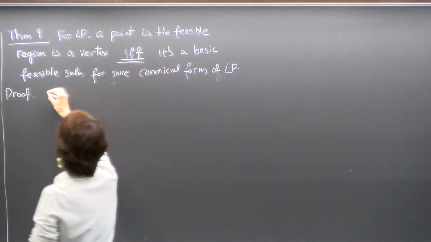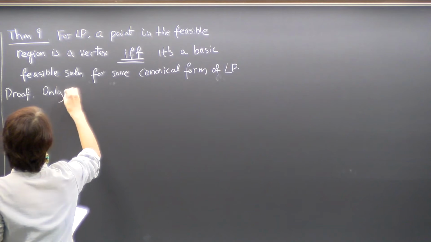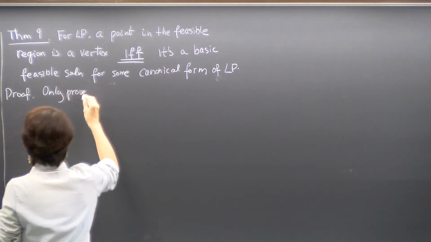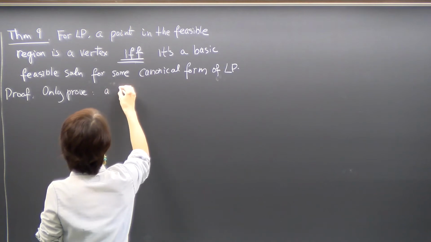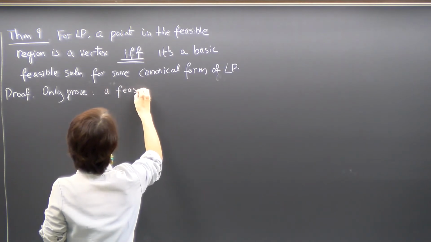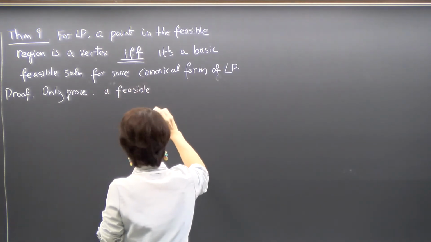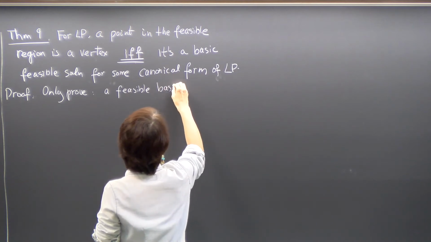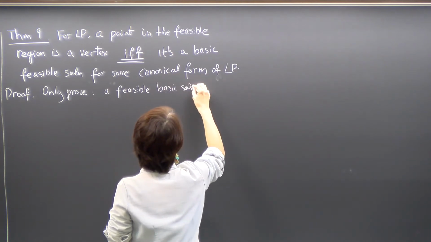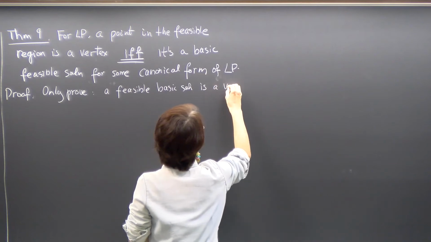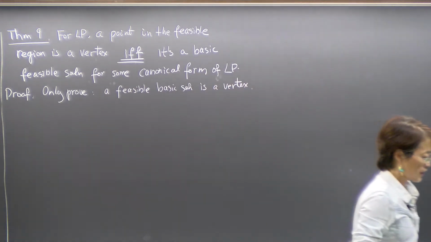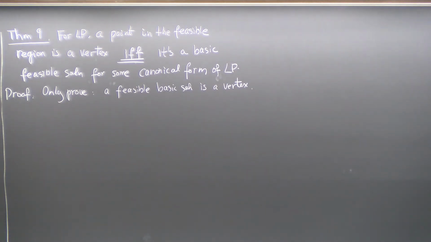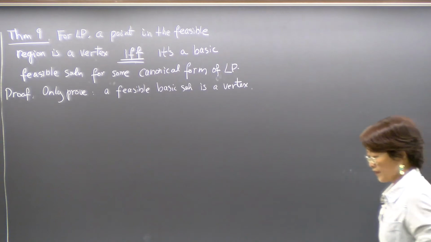So I will only prove the following: that a basic feasible solution is a vertex per definition. The converse is too complicated. I will not do that.